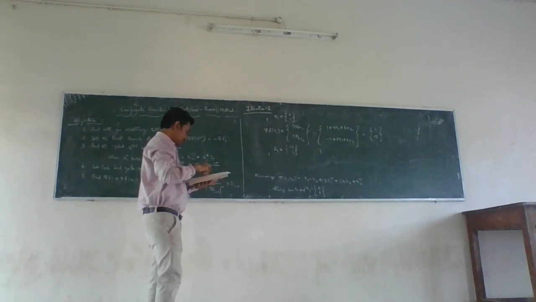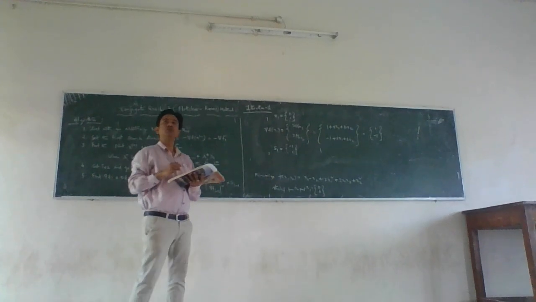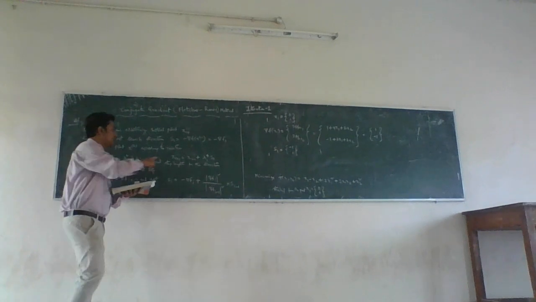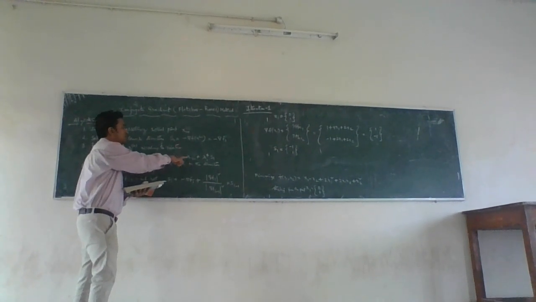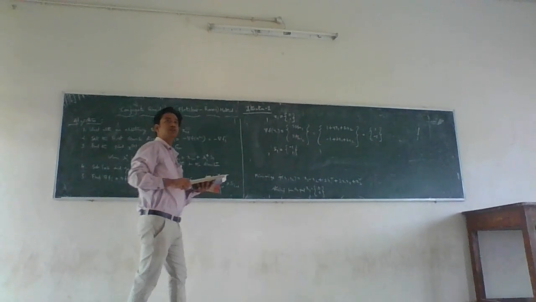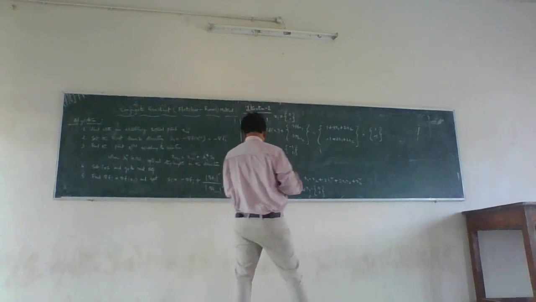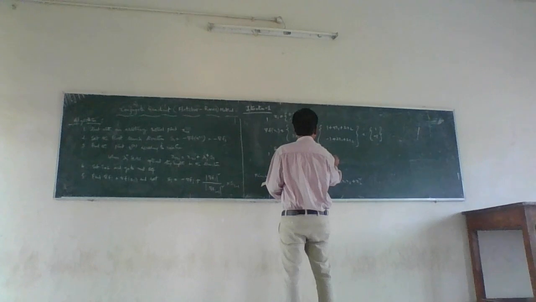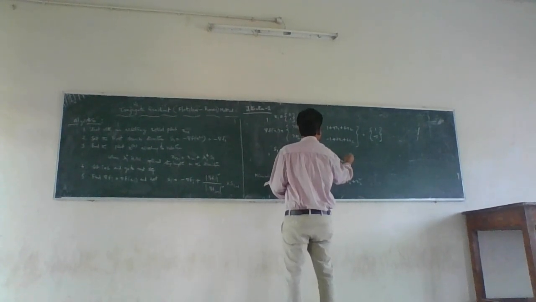Now after S1, what you have to do? Same like the steepest descent, we need to find out the lambda star first. So the derivative of f(x1 + lambda 1 S1) with respect to lambda 1 should be equal to 0.